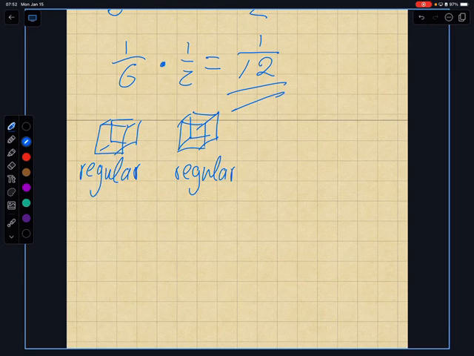What is, or calculate, the probability of you throwing a 3 and a 2. So you have to throw 3 on the first one, and you have to throw 2 on the second one.